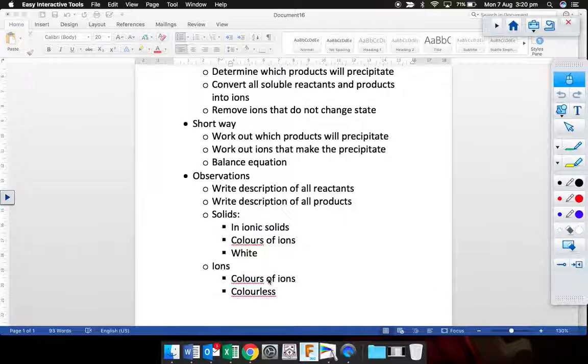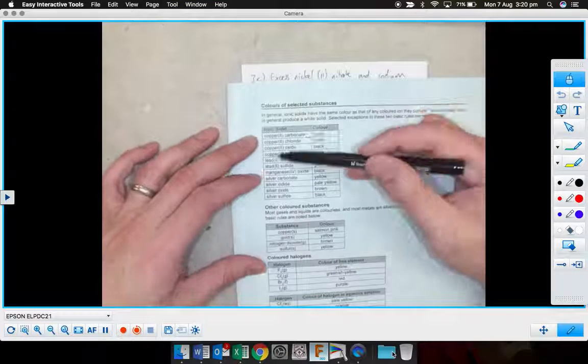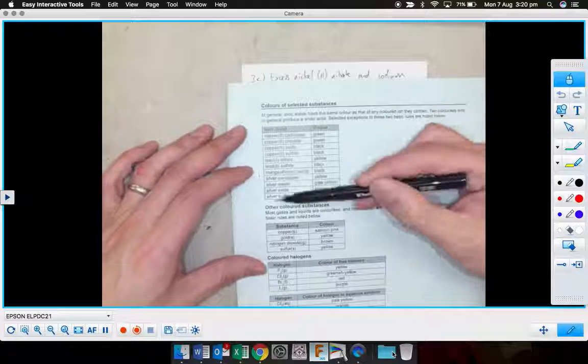so just remember, when you're going through observations, you need to check the ion. For solids, you need to check the ionic solids box, then followed by the colors of the ions, and then if it's neither there or there, it'll be white. For ions, which means it's the soluble substances, you only need to check the colors of ions, right? And it'll be colorless. Some of the substances here are actually soluble in water.